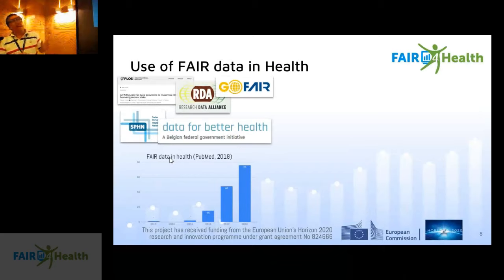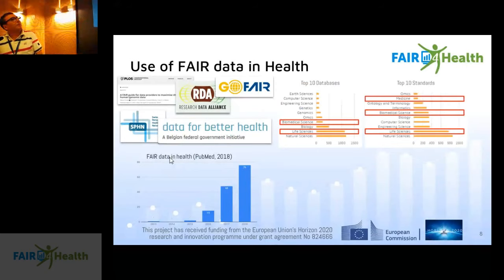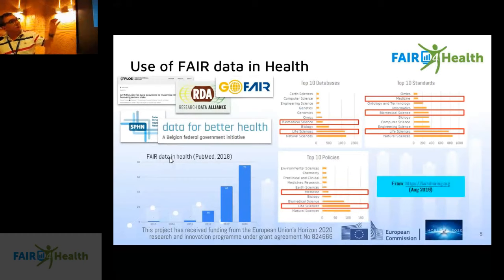In RDA, we are members of a specific group about how to implement FAIR data in health research. And we can see the evolution of the FAIR data concept in PubMed, and some statistics and figures about FAIR in health research, biomedical science, and medicine.